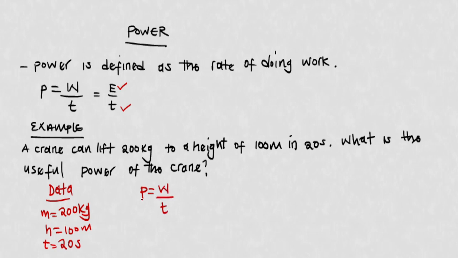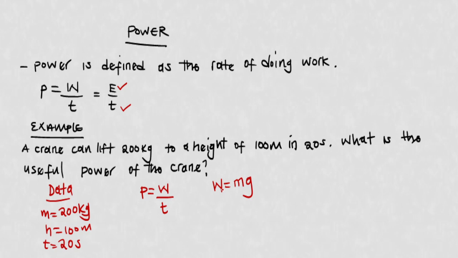Now how can we find the work which is done here? Because time we have but we don't have work, firstly I'll find work. The work will be in the form of weight, so I'm going to say weight is equal to mg. I hope you remember this formula where we say weight is equal to mass times gravity.